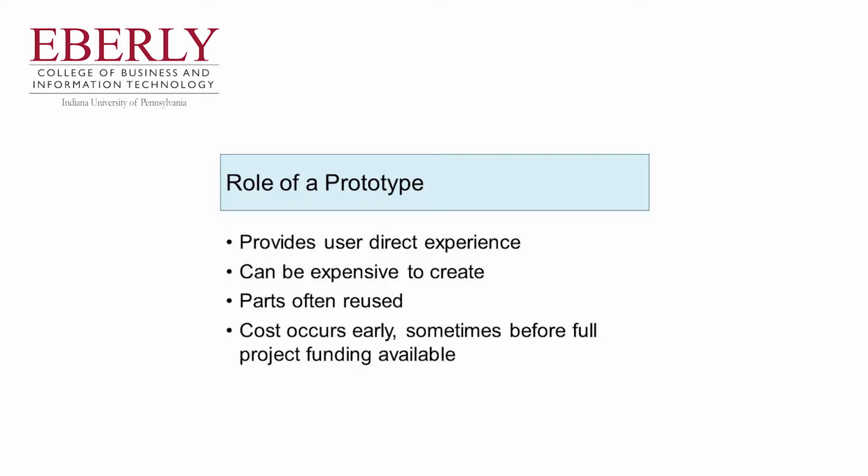Further, prototypes create data that can be used to estimate both development and operational costs. To be useful, a prototype needs to work. Mock-ups of forms and reports, while helpful, will not generate the benefits just described. The prototype needs to put the user into the experience of employing the system to do his or her task.